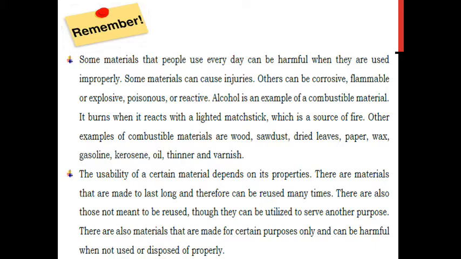Then, the usability of certain materials depends on its properties. There are materials that are made to last long and therefore can be reused many times. There are also those that are not meant to be reused, though they can be utilized to serve another purpose.